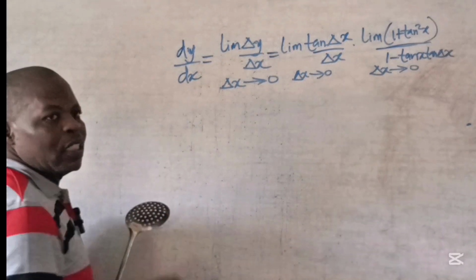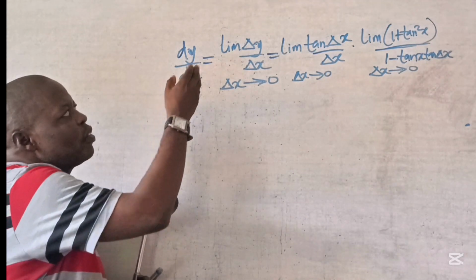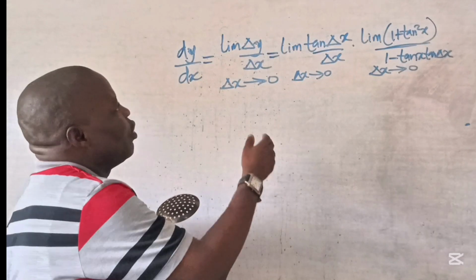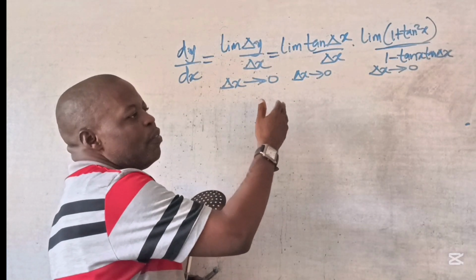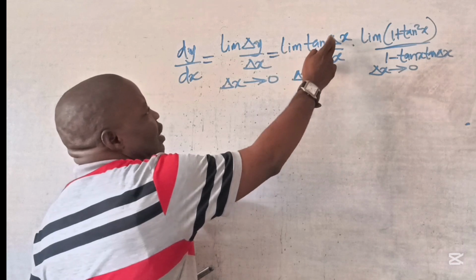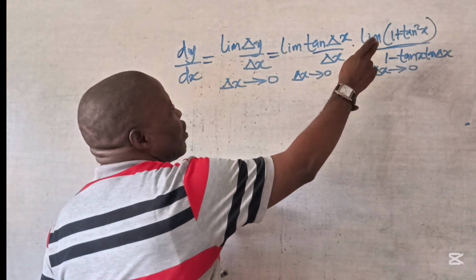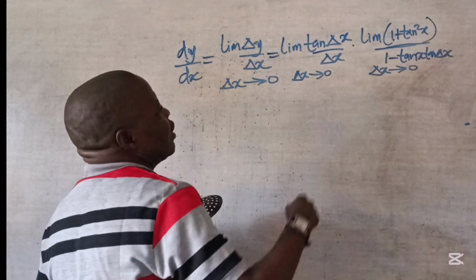So we have dy dx is equal to limit of change in y over change in x, as change in x tends to 0, equals to the product of the limit is equals to the limit of the product. So limit of tan change in x over change in x and limit of 1 plus tan square x over 1 minus tan x tan change in x.